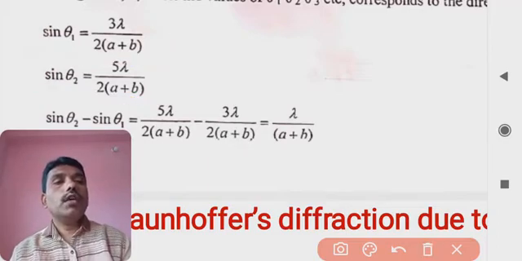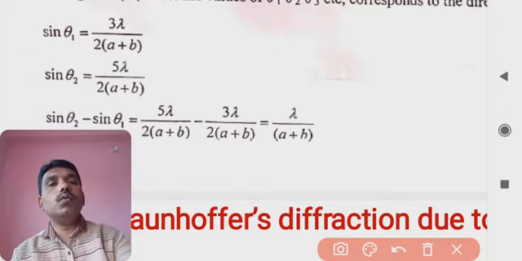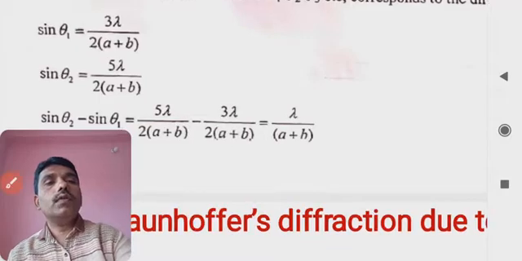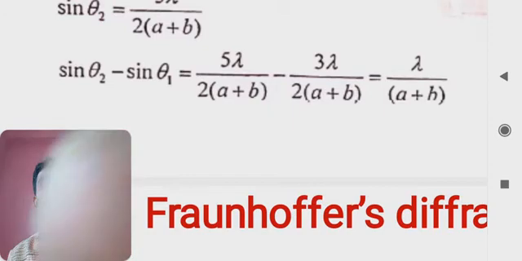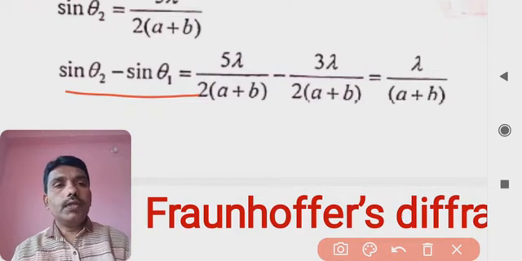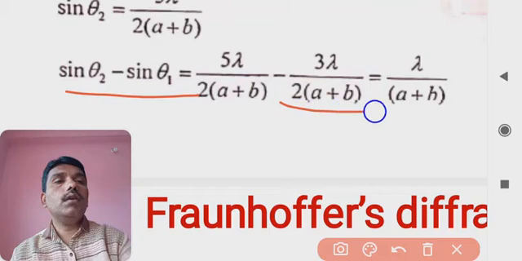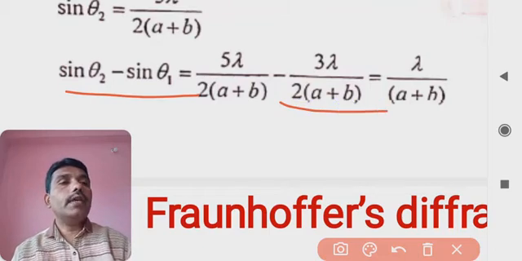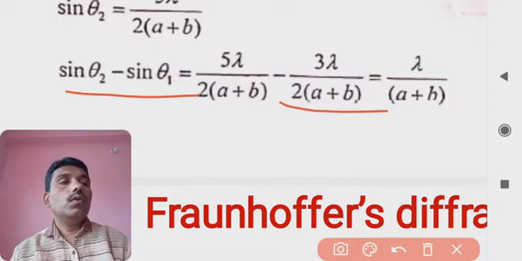So the difference sin theta 2 minus sin theta 1 is 5 lambda upon 2(a plus b) minus 3 lambda upon 2(a plus b), which simply gives 2 lambda divided by 2 into a plus b.